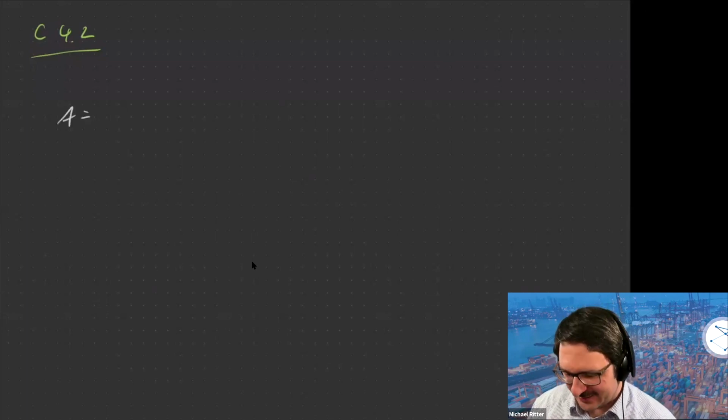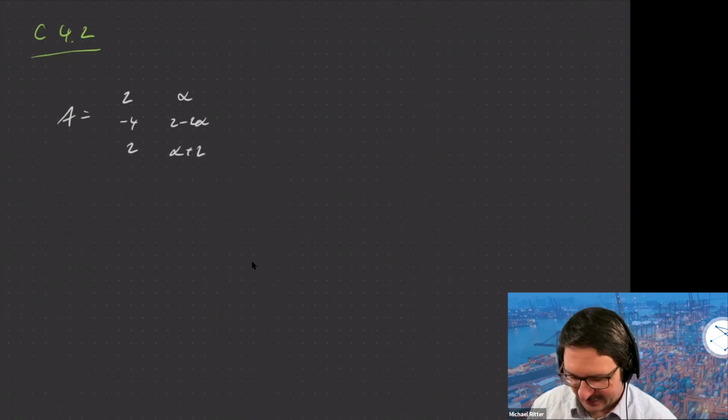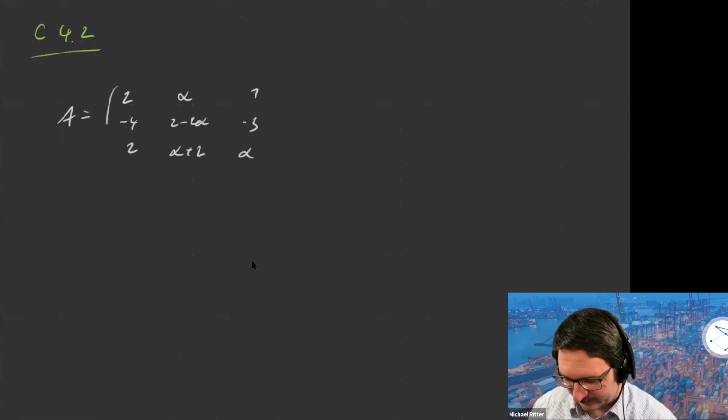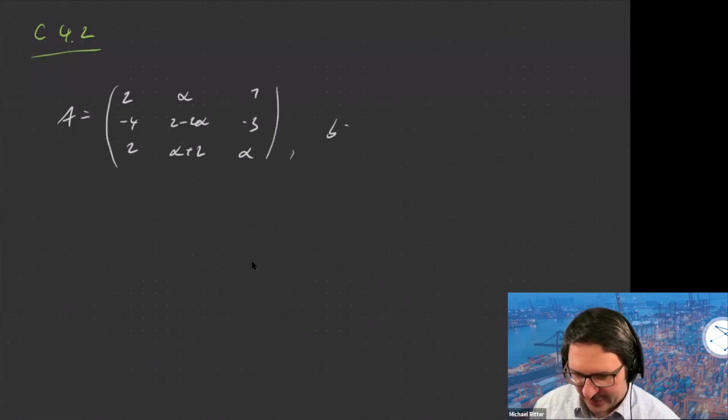We have a matrix that looks like this, 2, minus 4, 2. There's a parameter alpha in there, 2, minus 2 alpha, alpha plus 2, 1 minus 3 alpha. And we have a right-hand side vector, 1, 0, 2.